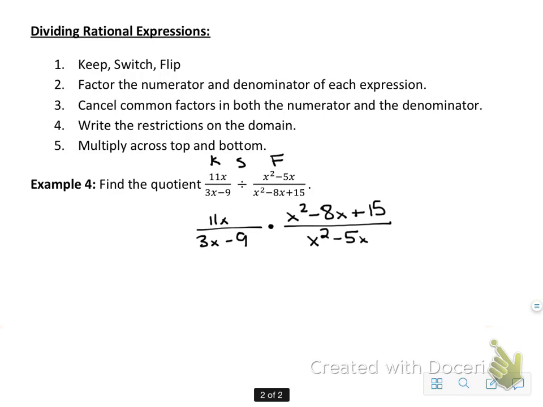So we end up with 11x. Can we take anything out of 3x minus 9? Yes. 3. So we're left with x minus 3. You factor the top. So factors of 15 that add to negative 8 are negative 5 and negative 3. And then on the bottom, we take out an x, and we're left with x minus 5.